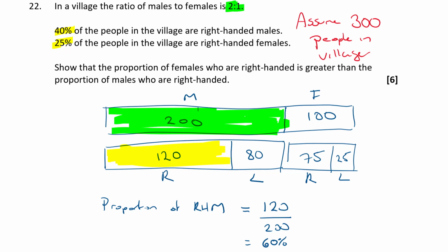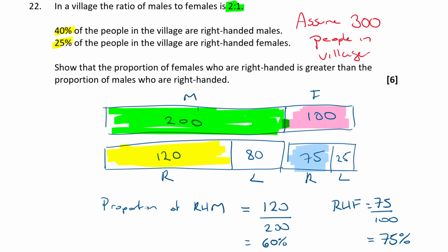And then for females, so right-handed females, that's going to be my 75 right-handed females out of a total of 100 females, isn't it? So that's going to be 75 over 100, which is 75%.